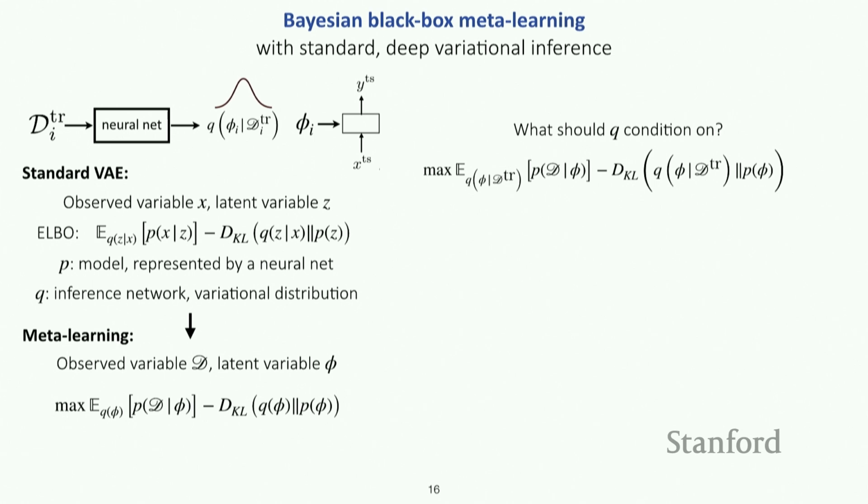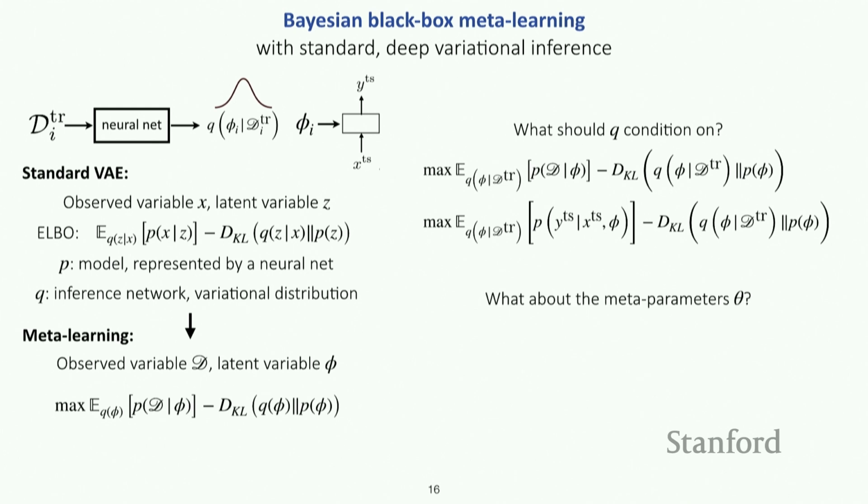One question is how this training data differs from the data used in the likelihood. What we'll use there corresponds to our test data points. So you want to maximize the likelihood of the test data points given our task-specific parameters, when sampling those parameters as a function of our training data set.